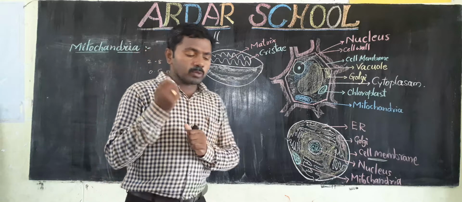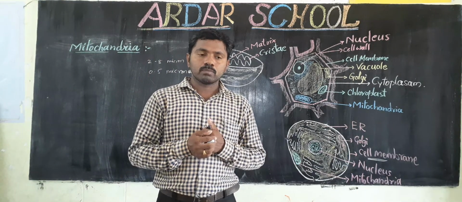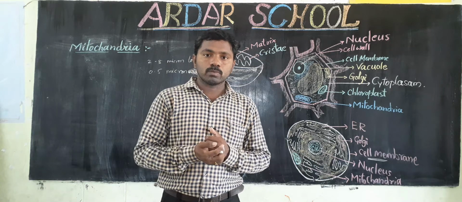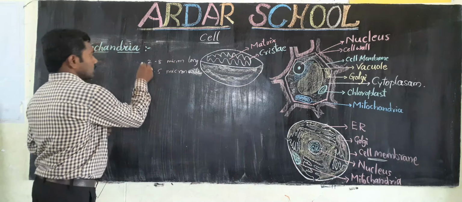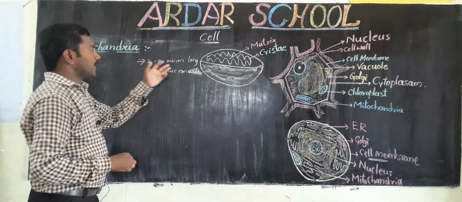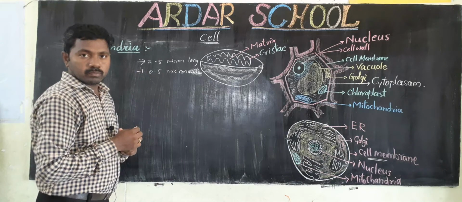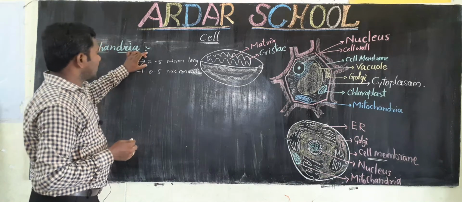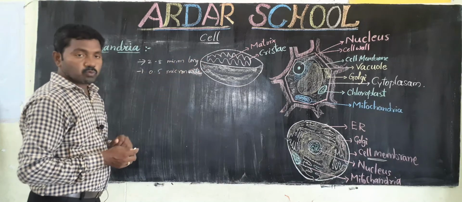If you observe the mitochondria, it is small, spherical or oval in shape. The length is 2 to 8 microns long and 0.5 microns wide.